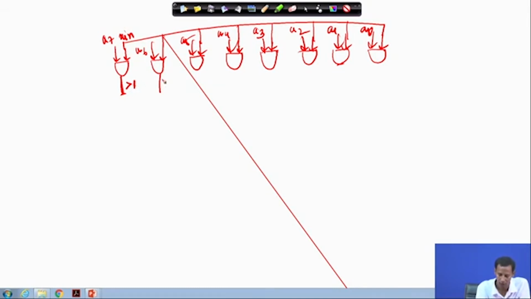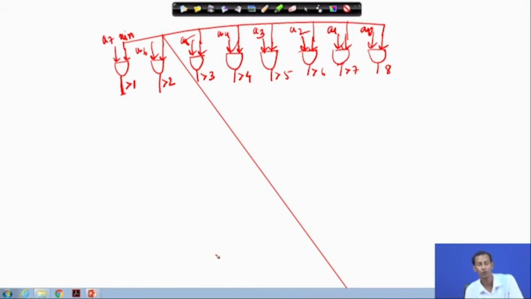This will be left shift by 2 bit, this will be left shift by 3 bit, this will be left shift by 4 bit, this will be left shift by 5 bit, this will be left shift by 6 bit, this will be left shift by 7 bit, this will be left shift by 8 bit.